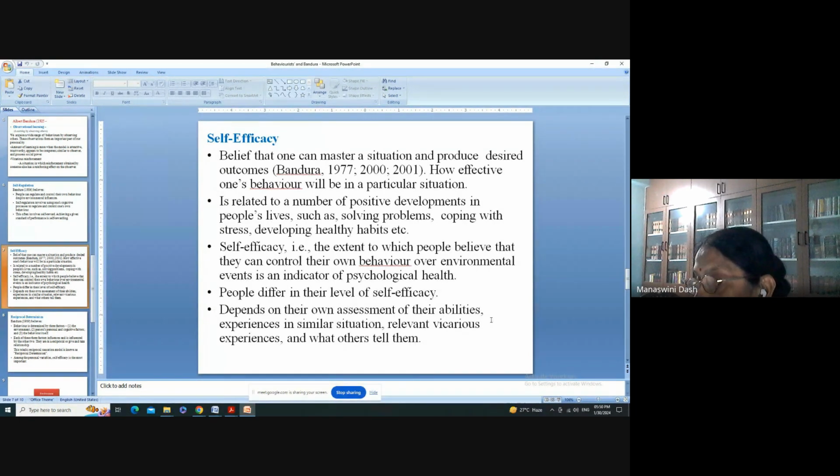So, self-efficacy is related to a number of positive developments in people's lives, including solving problems, coping with stress, developing healthy habits, like quitting smoking, exercise, initiating an exercise program. For all these behaviors, self-efficacy is very much required.